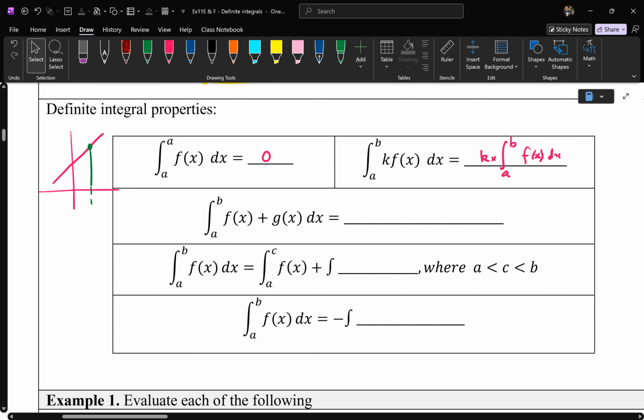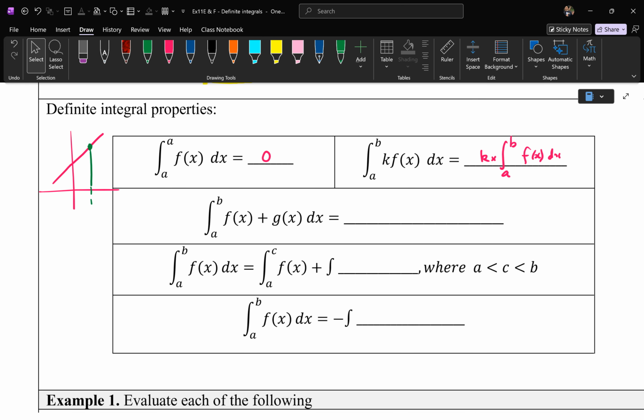If you have integration of two different functions added, which hopefully you picked up from our last session, you can antiderive them separately as well. So it means the definite integral is the same. You can also antiderive them: the integral of f of x dx between a and b plus the integral from a to b of g of x dx.